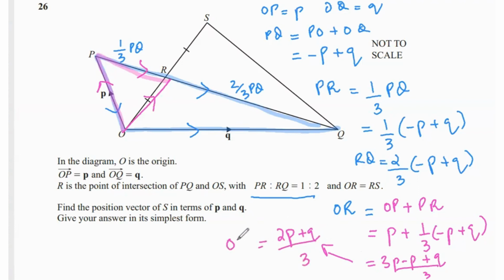That is OR. Now, OR is equal to RS, so RS is also (2p plus q) over 3.